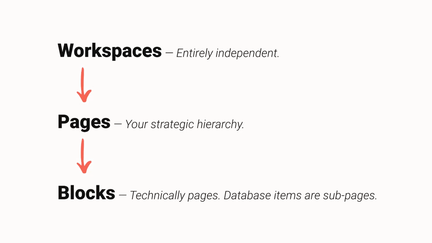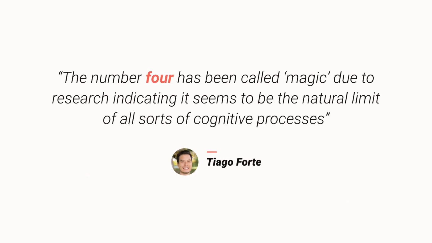You may be familiar with Tiago Forte, who developed the para-organizational method that informs many Notion systems, as I mentioned. And in his post on para, Tiago explains that the number 4 is the limit to many cognitive processes, including the retention of a hierarchical system. Therefore, the structure of your workspaces should avoid hierarchies deeper than 4 levels.